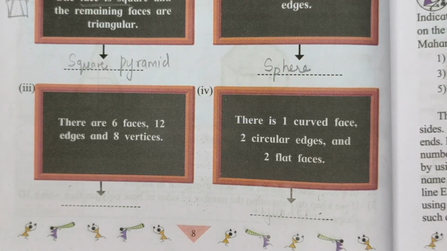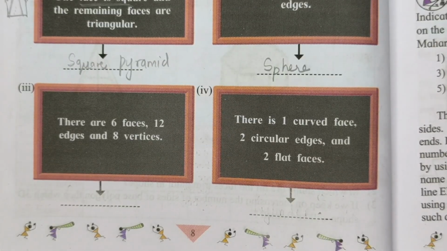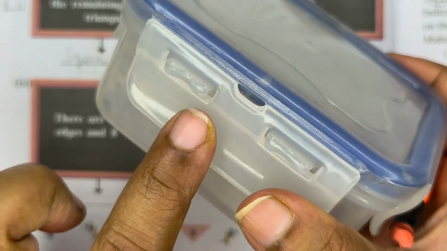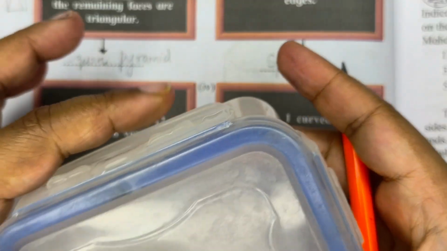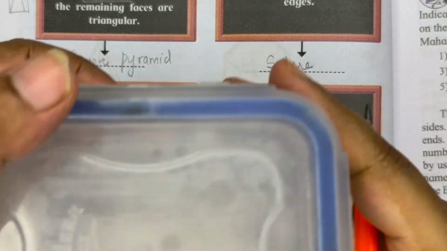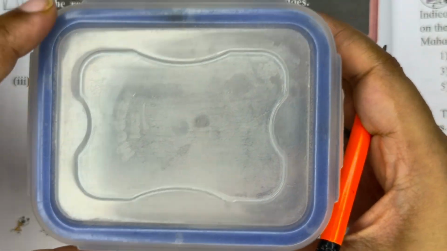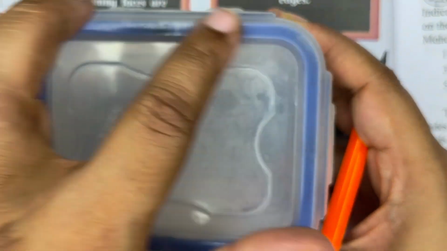The third one, there are 6 faces, 12 edges and 8 vertices. See this again, faces: 1 at the bottom, 2, 3, 4, 5 and 6. So there are 6 faces and 12 edges. Edges means the sides: 1, 2, 3, 4.